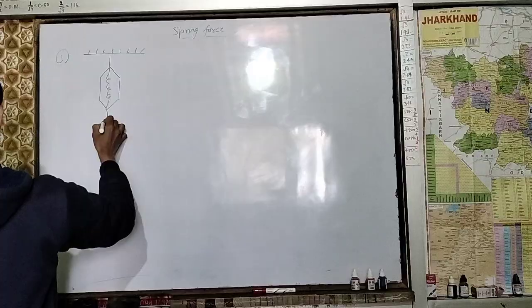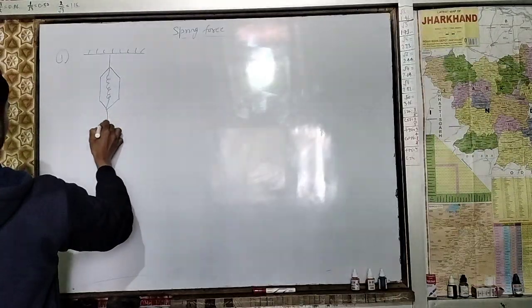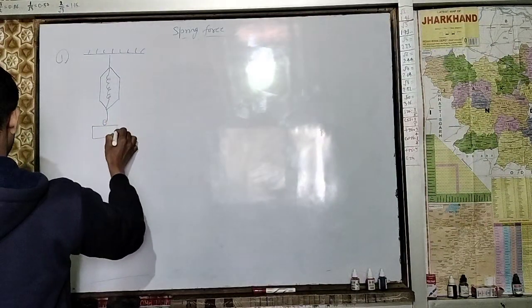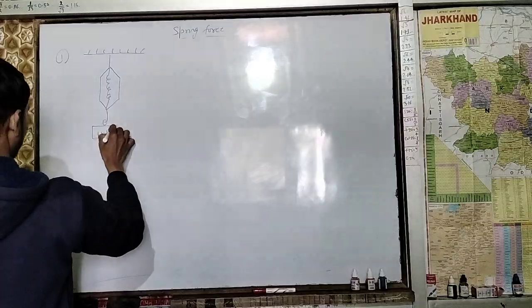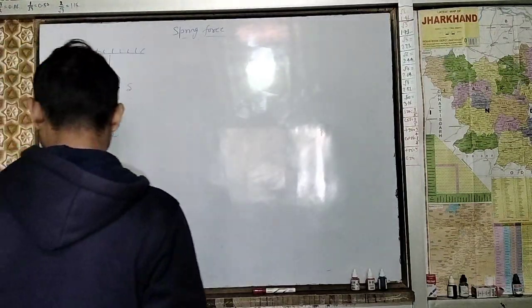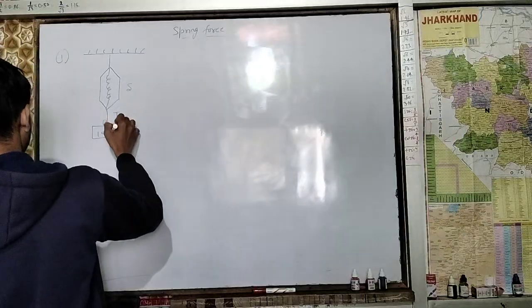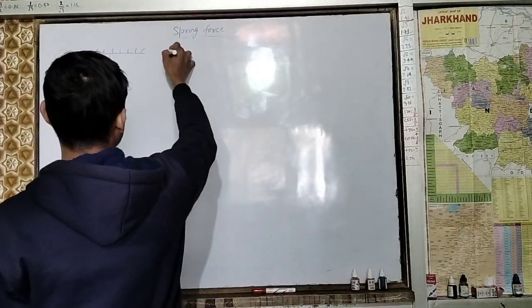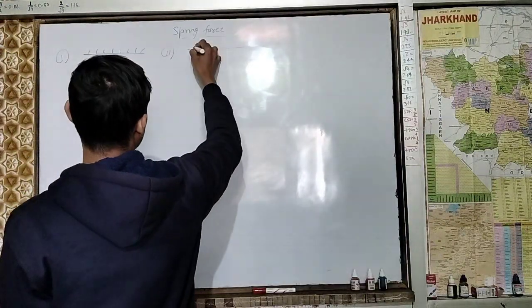It is hanging a mass whose mass is 10 kg. This is our spring. The spring tension will be over here. And the second figure is something like this.